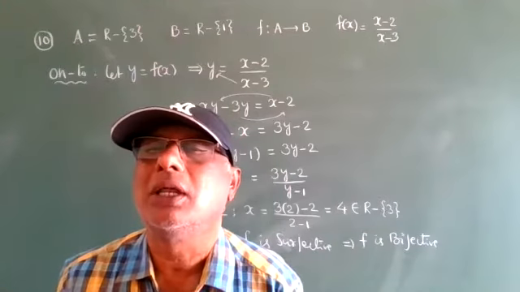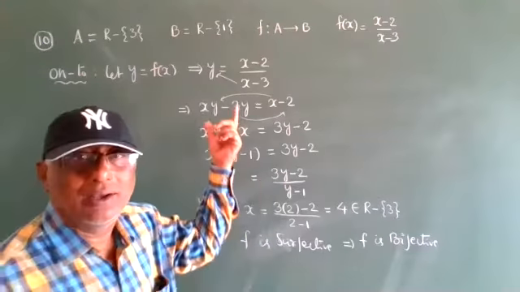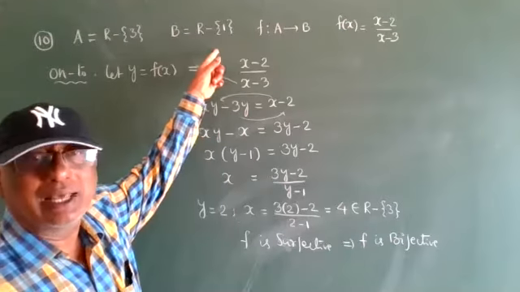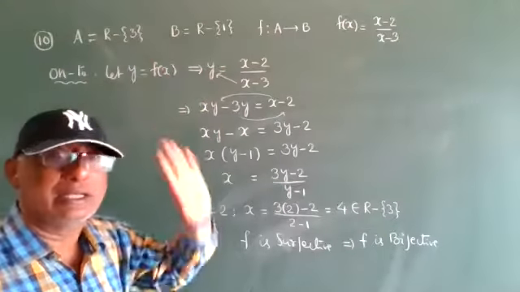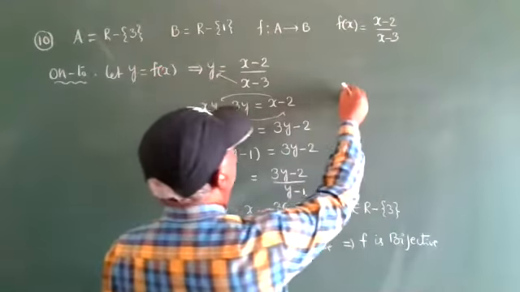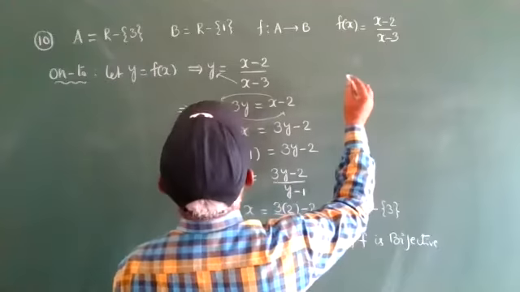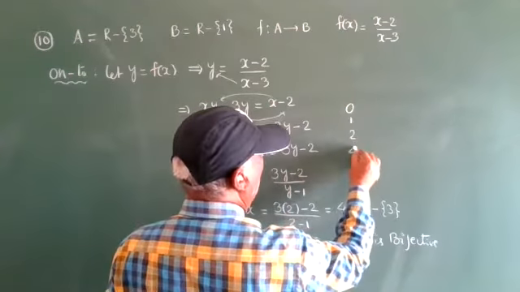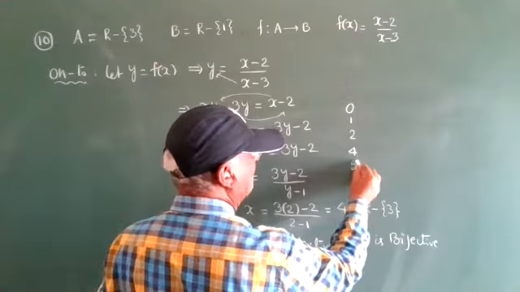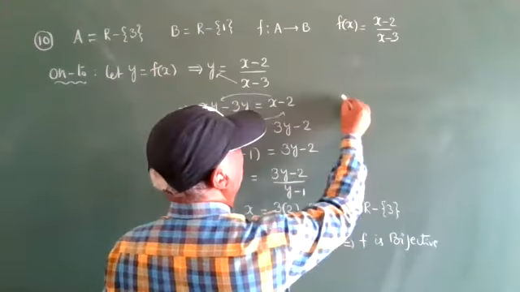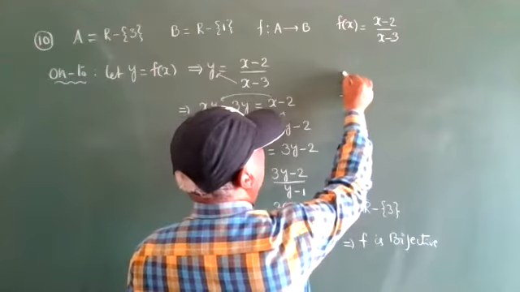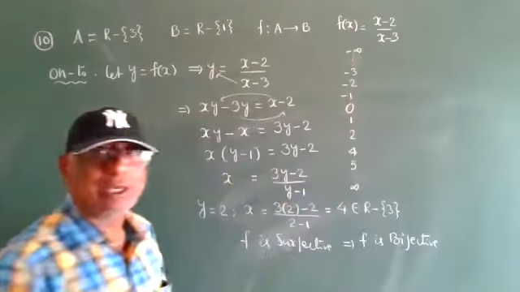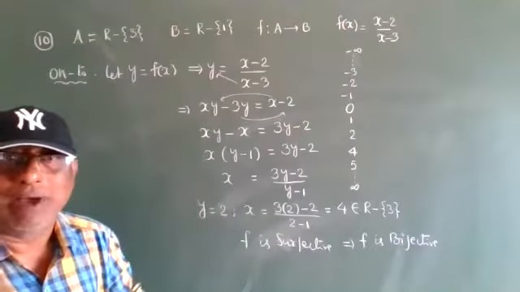But range is not equal to codomain. Why not? In this one, 1 is not there. In this one, 3 is not there. Take any values: 0, 1, 2, 4, 5, up to infinity, -1, -2, -3, up to minus infinity. Any value we can substitute, we get the codomain values.